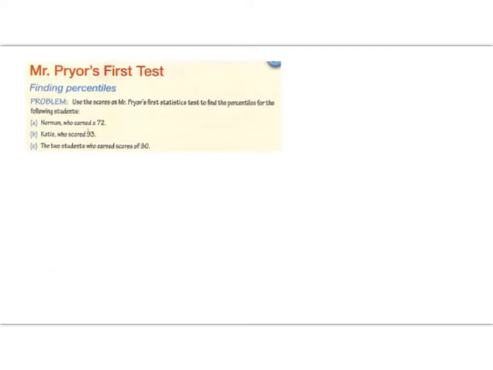Looking at the first one here, using that same data set we had before, we're looking for the percentile for the following students. The first one is a student named Norman, and he earned a 72 on the exam. Looking at the stem plot, you can see that only one other student got a score lower than Norman's score.